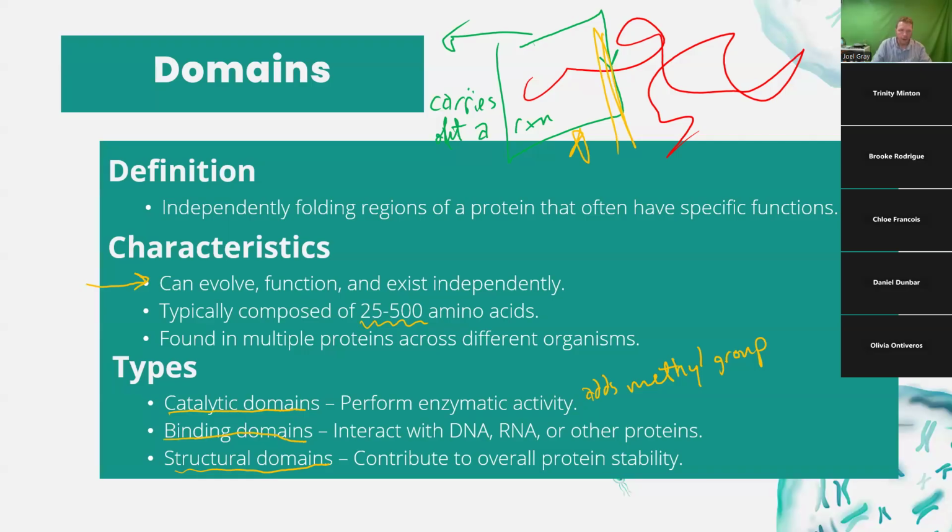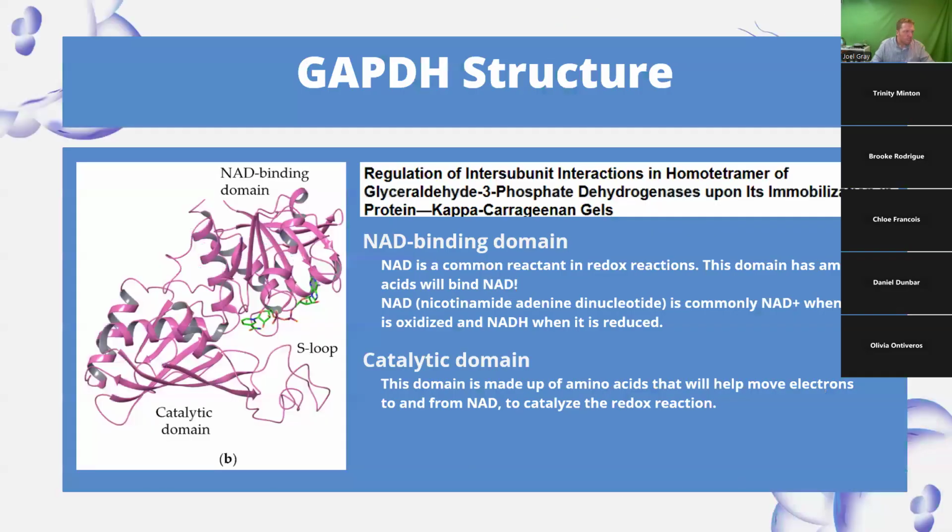Now, as an example of this type of protein, this is a protein on the left-hand side that I don't need you to necessarily know what this does, but I want you to use this and plant it as a seed. GAPDH.